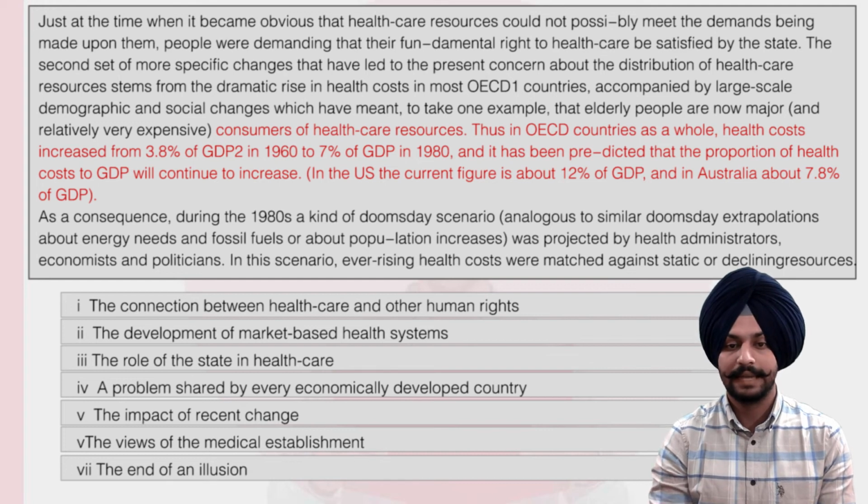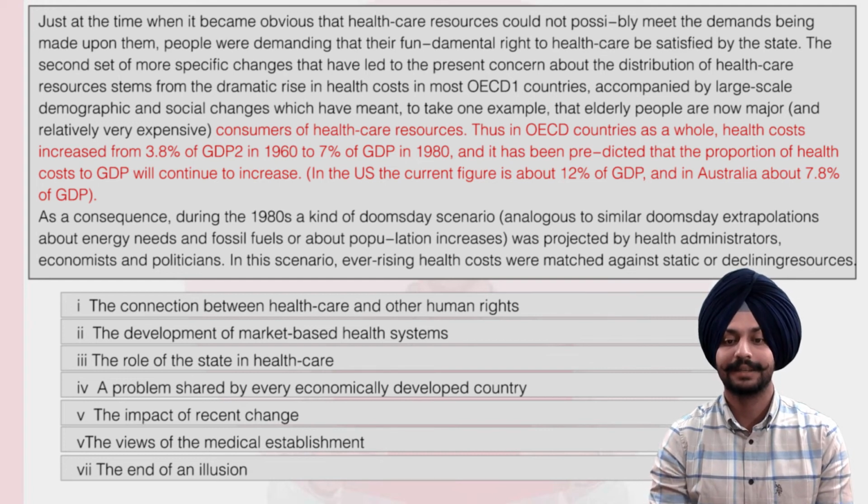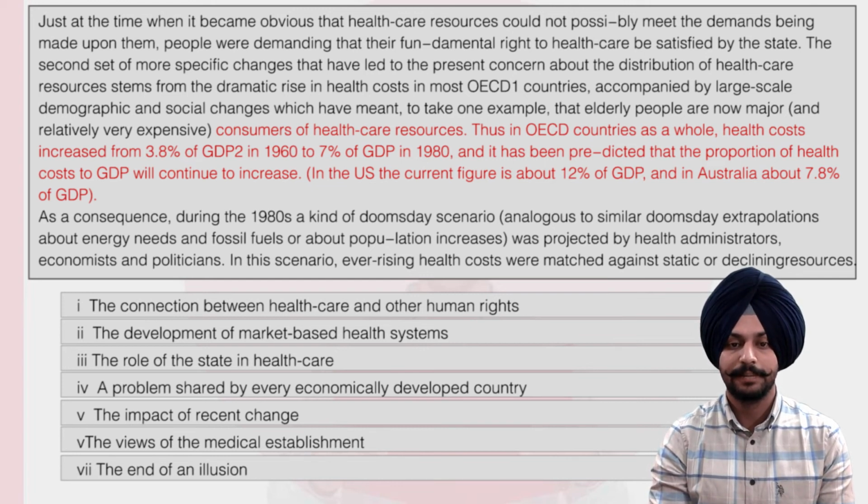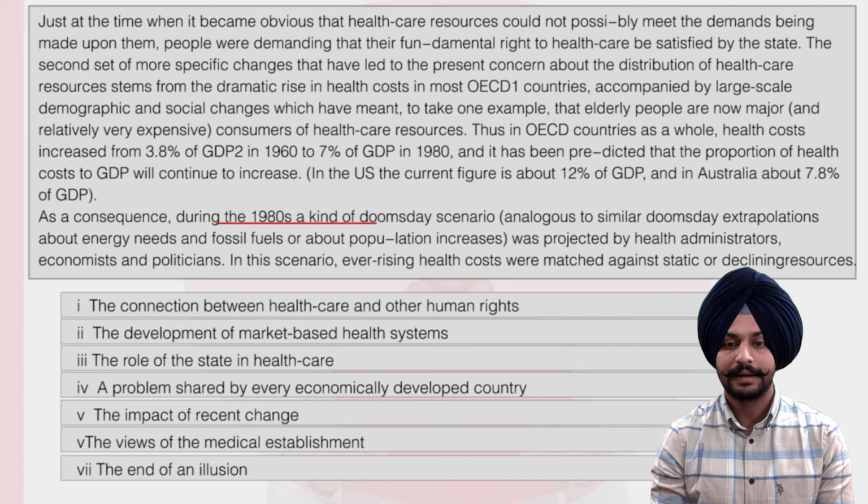They have also taken the example that in the US the current figure is about 12%, and in Australia it is about 7.8% of GDP.